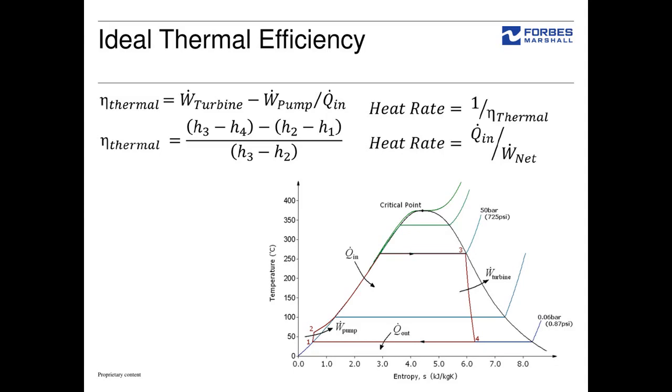Now, as this is a process utilized for energy generation, you are also interested in knowing the efficiency of this process. The ideal thermal efficiency of the process can be defined as net work output divided by heat input, because you are investing money to burn fuel and generating this heat. So heat input is our input to this process, and net work output is what we are interested in from a turbine.